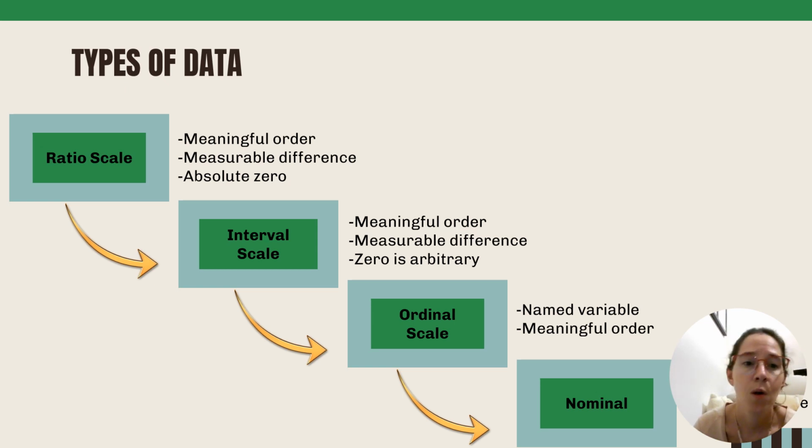The choice will always depend on what we want to show. Sometimes, by categorizing the variables, we gain clinical relevance. But every time we go down in the measurement scale, we lose information. So this decision must be carefully made.